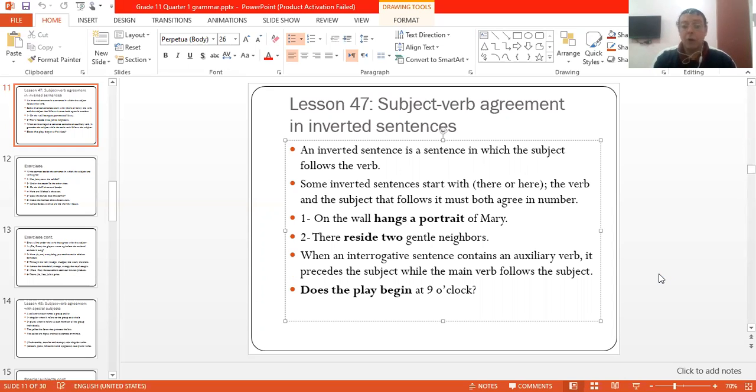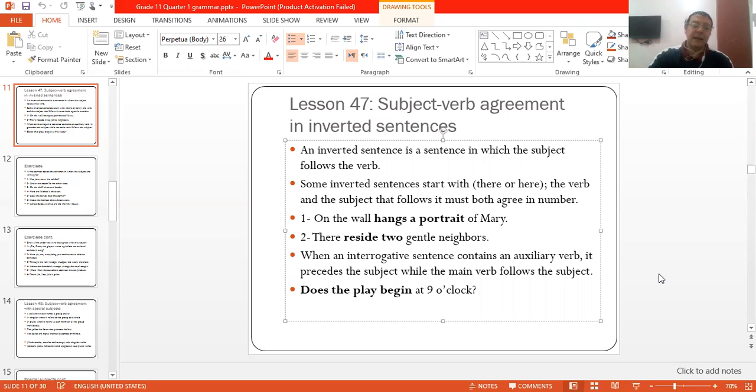If we have the word walls here, hangs does not agree with walls, but it should agree with a portrait, because a portrait is the subject, while wall or walls in that case will be the object of the prepositional phrase. Let's have an exercise to make things clearer.